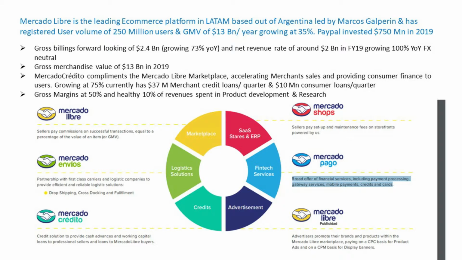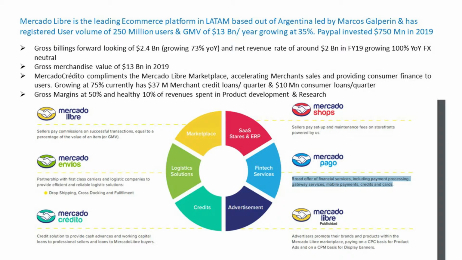That's a big number. Gross margins of Mercado Libre are high at 50%, and a healthy 10% of revenue is spent on product development research. And trust me, this 10% of revenues spent on R&D and product development is benefiting this firm a lot as a big company.